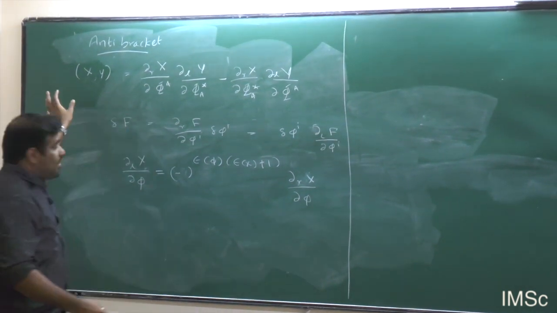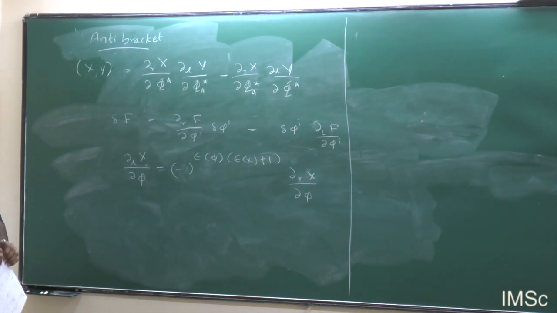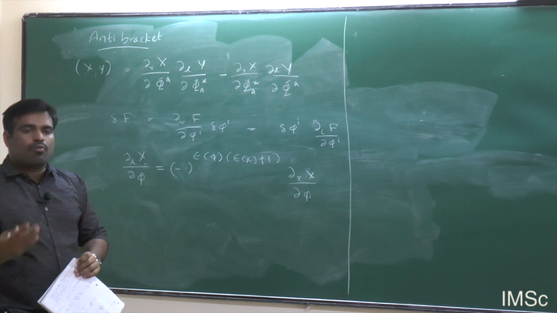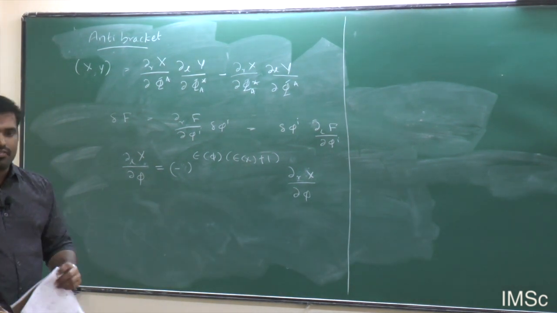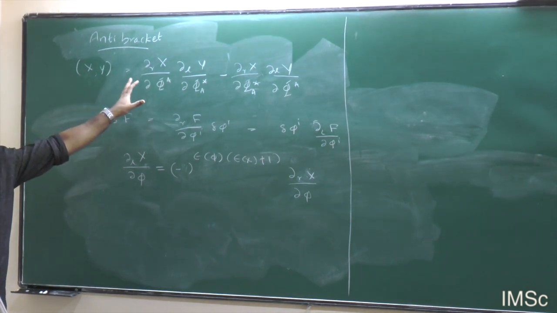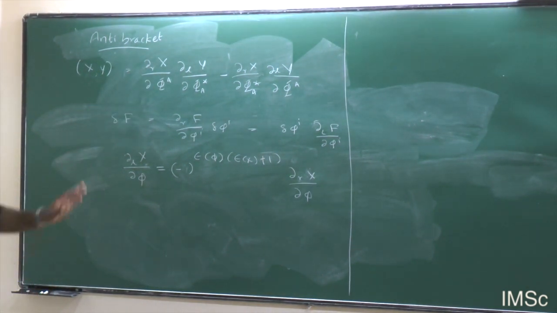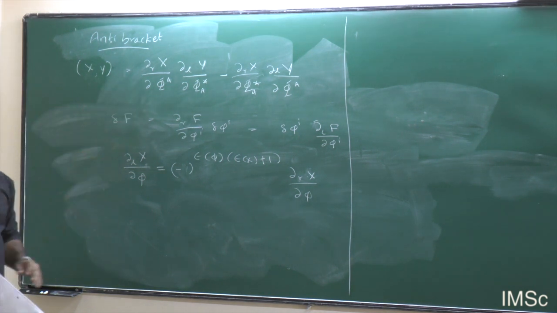The graded version usually shifts the sign, whether it's minus or plus. So even in the Jacobi identities, those signs will appear. That's the only difference. The antibrackets will satisfy certain identities. The definition sign is always minus.